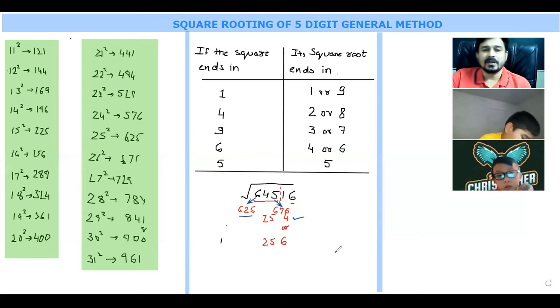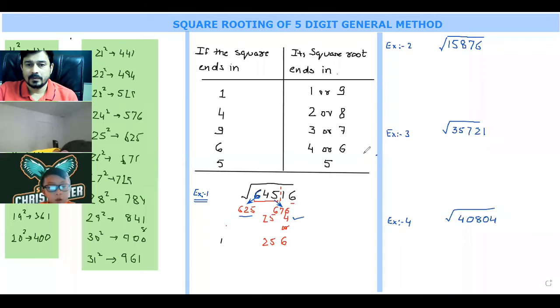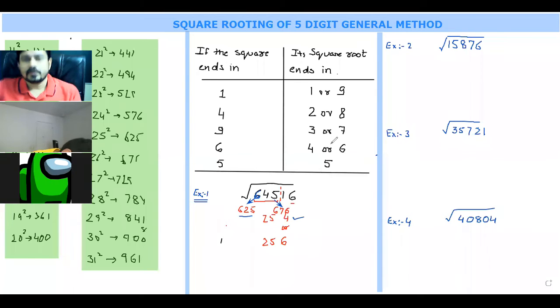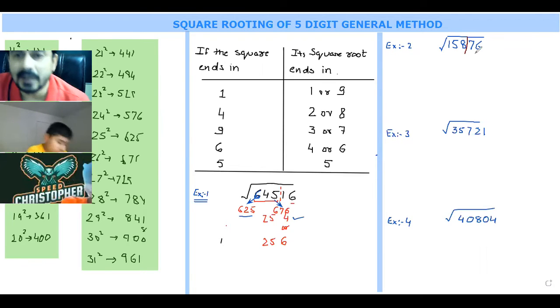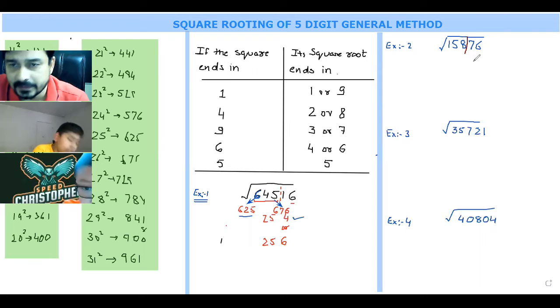Clear with the technique? I have written a few more examples on the screen. Let us solve these two. First step, divide the number into two parts. The RHS must always have 2 digits.